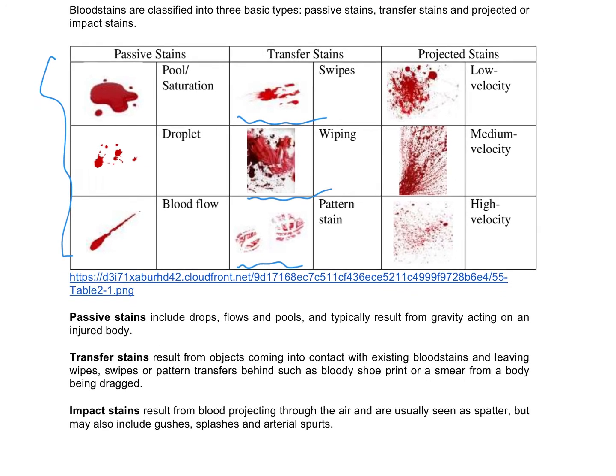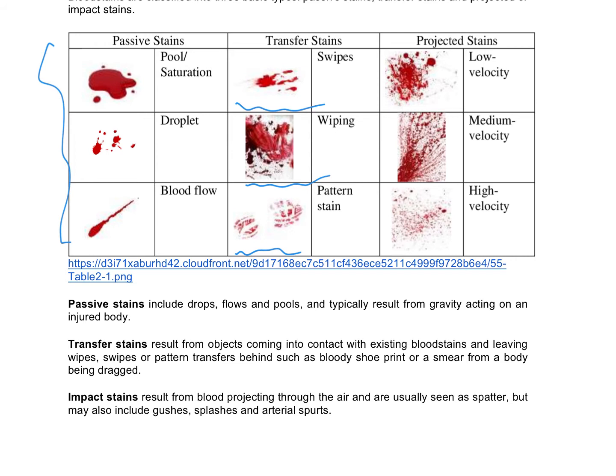Projected stains or impact stains are a result of the blood projecting through the air. So it will form a splatter. Like this is a low velocity. You can see there are quite big drops, medium, and this is the high velocity. They are usually finer, smaller drops.